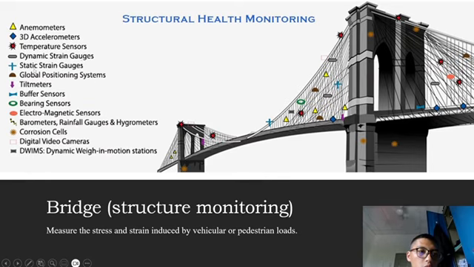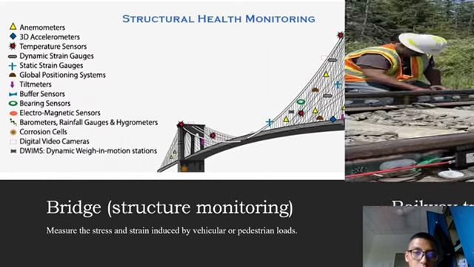So this is a static strain gauge for this side, and this is dynamic strain gauge for this side, and this legend is focused on the sensor, the specific sensor and their characteristic.